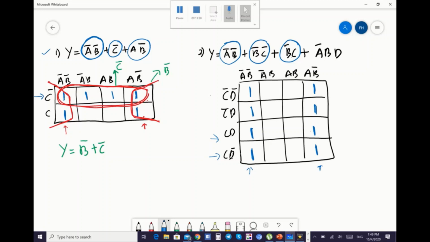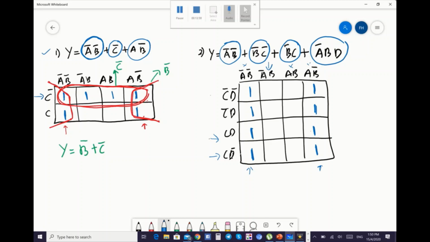Okay, and the last one, A bar and B and D. This column has A bar and B, meaning that you don't have to look at these 3 columns. And then which columns have D?